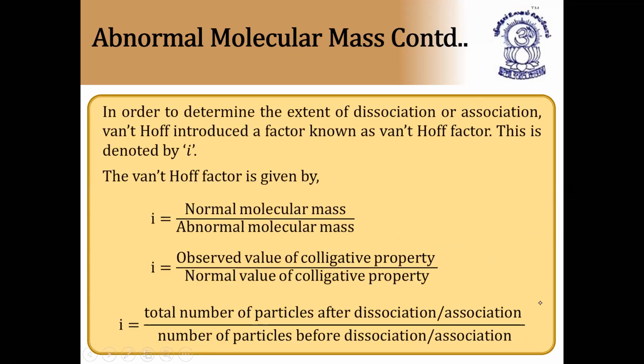In order to determine the extent of dissociation or association, this is a very, very important slide. Please note down in your classwork. Very important from the objective point of view. Van 't Hoff introduced a factor known as the Van 't Hoff factor, denoted by the letter i, where i is equal to normal molecular mass by abnormal molecular mass, and observed value of colligative property by normal value of colligative property.